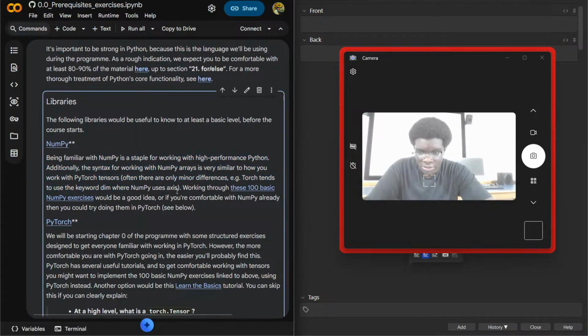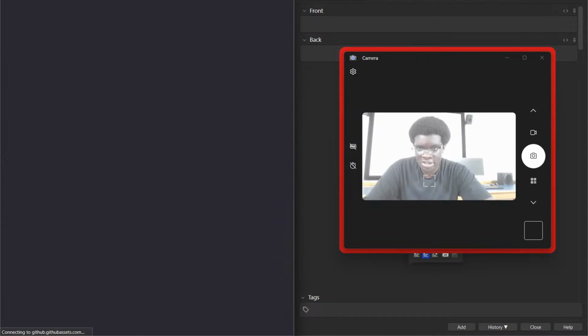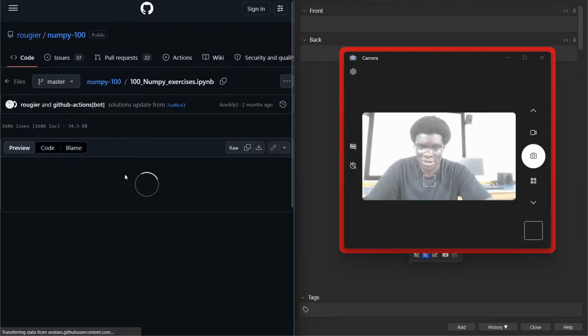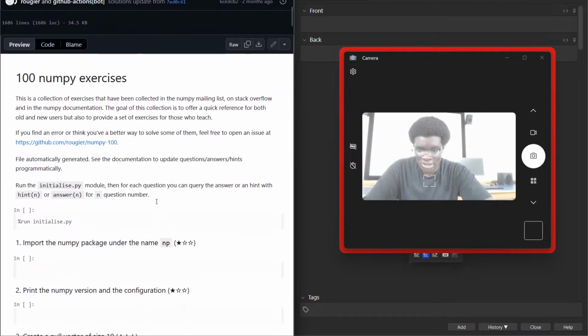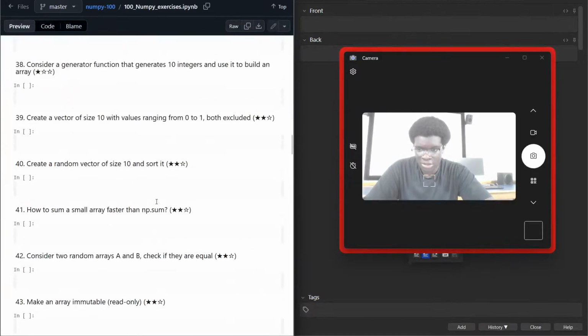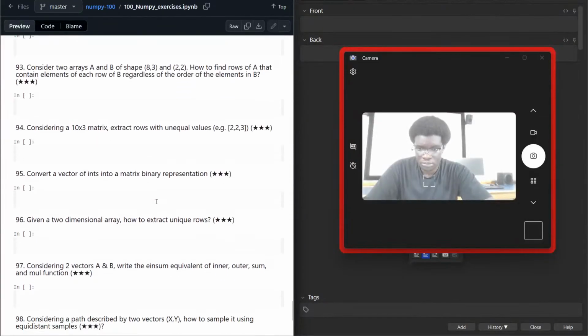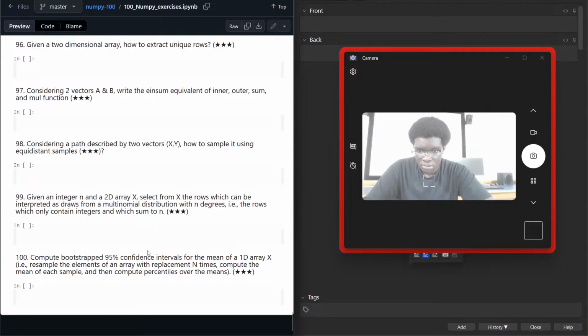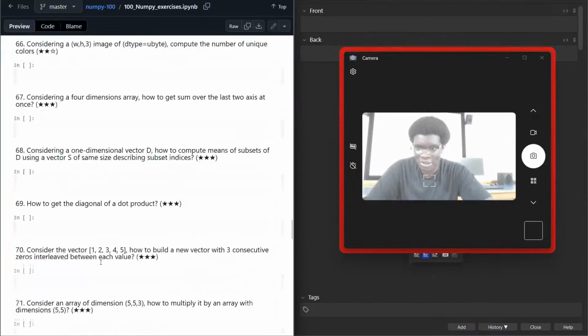Walking through these 100 basic NumPy exercises. The thing is, I've used NumPy many times before, but it's something that I sort of forget and relearn. So maybe it's worth doing. Wait, hold on. How hard do these actually get? Okay, I guess I'll binary search for the first thing that I don't know how to do.